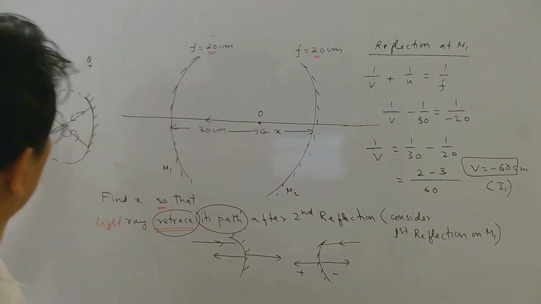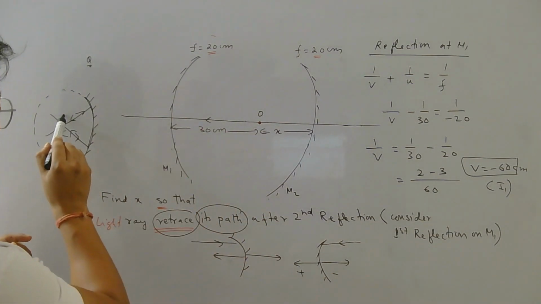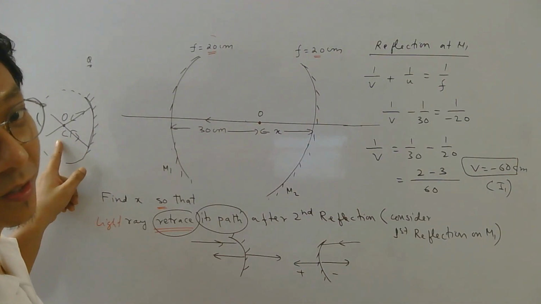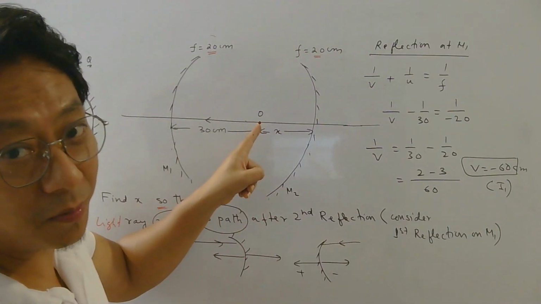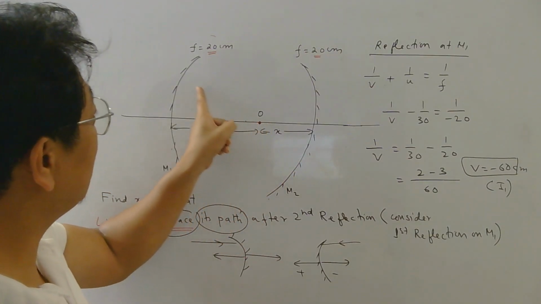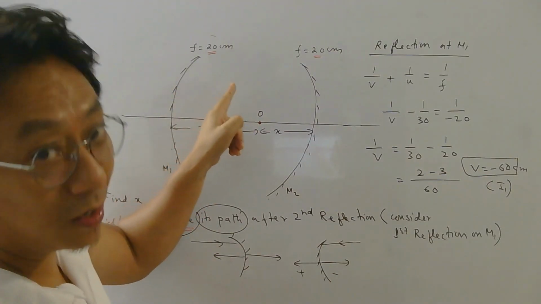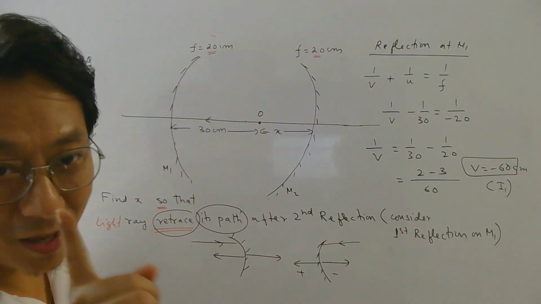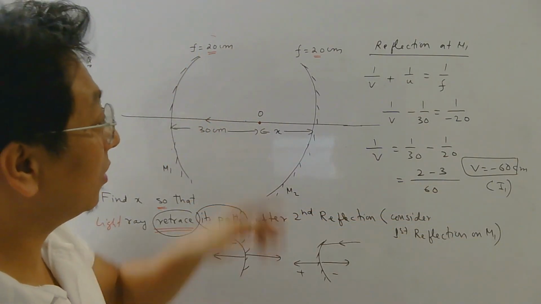So for light to retrace after hitting a spherical mirror, it is important that the object, for a concave mirror, should be at the center of curvature. Okay. Now who will be the object for this mirror? Not this, remember, because we assume light going this way first. So for this mirror, this was the object, and wherever the image is formed by this mirror, which is I1, that will be the object for this mirror.